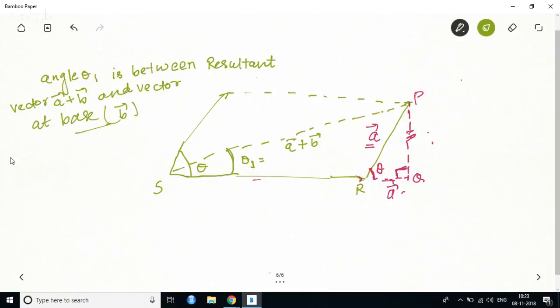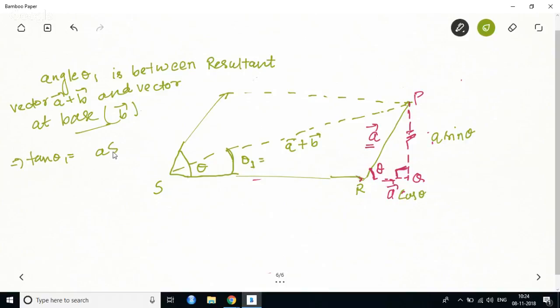Is it okay? And this can be given by tan theta 1 is equal to, this was a sine theta and this was a cos theta.